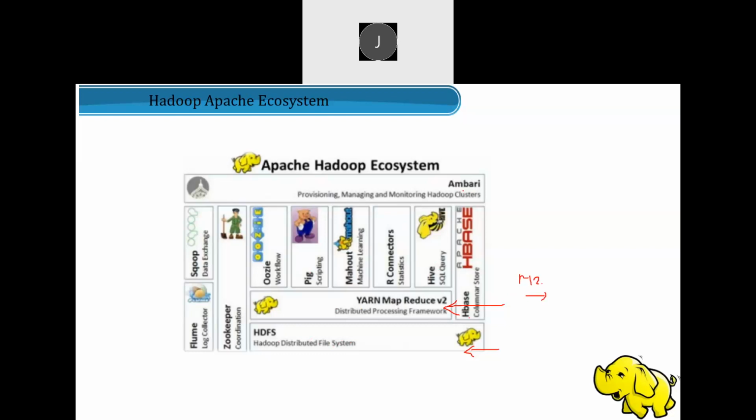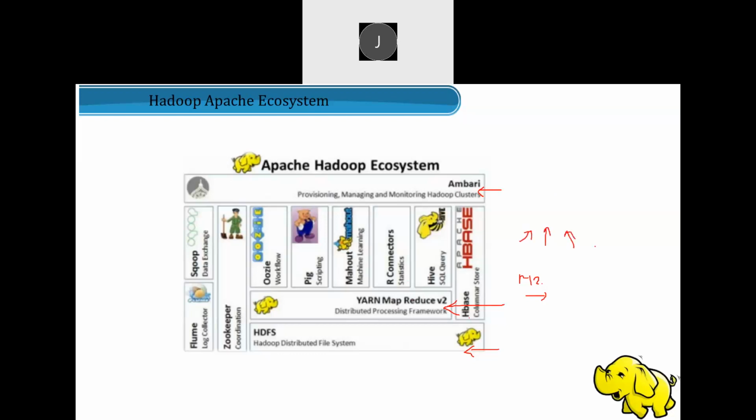Okay, this is the architecture. Ambari is like a provisioning node. What is provisioning?